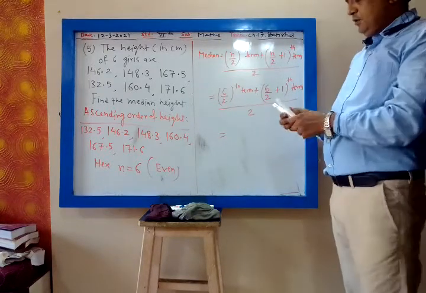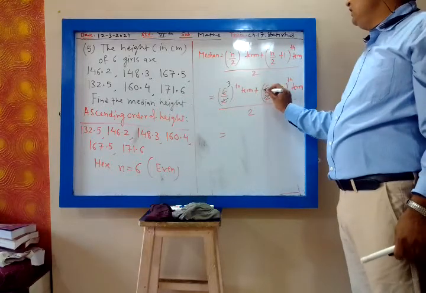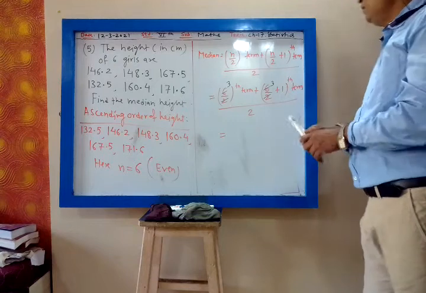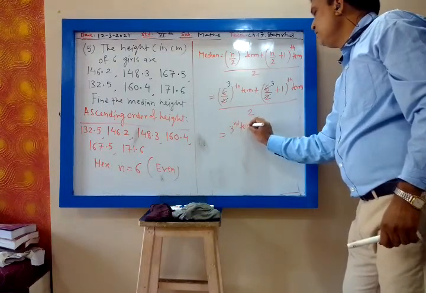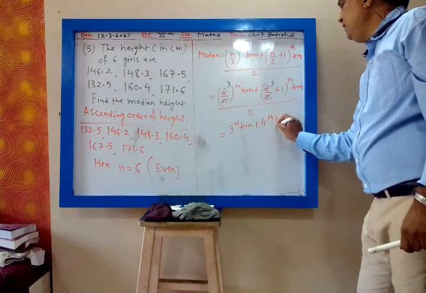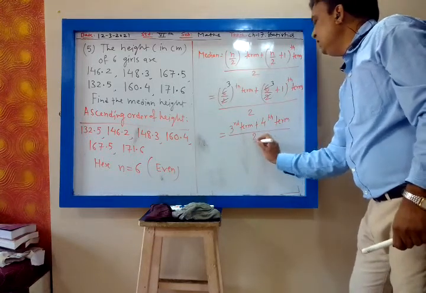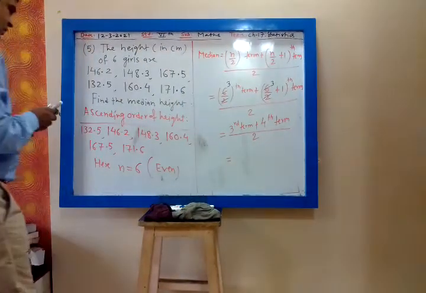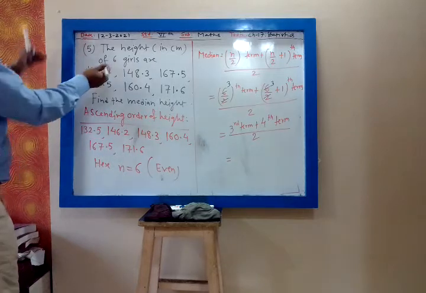Now what is 6 upon 2? Tell me. 3. So that will be third term plus 3 plus 1, fourth term. Third term plus fourth term, whole divided by 2. Now you see the third term and fourth term. No, my dear, don't see this data.